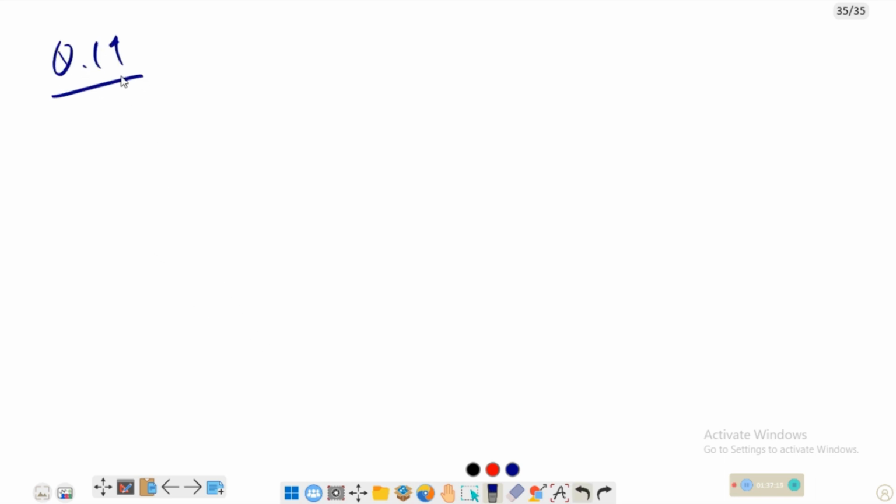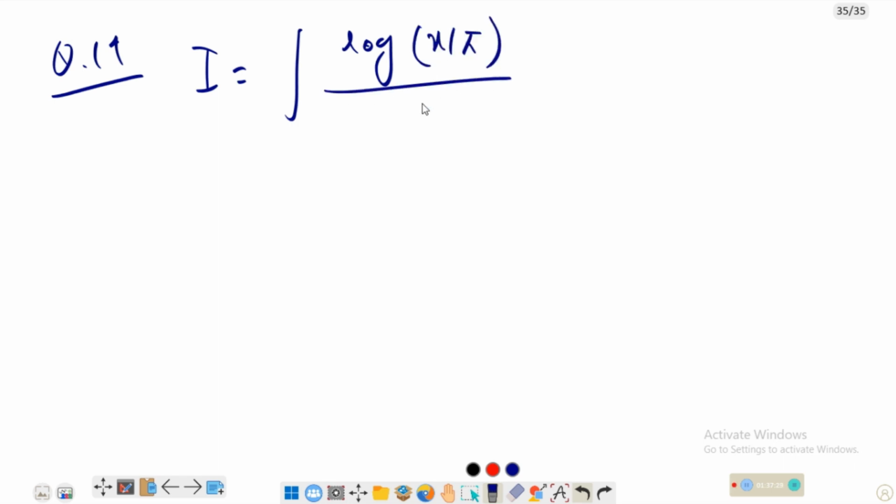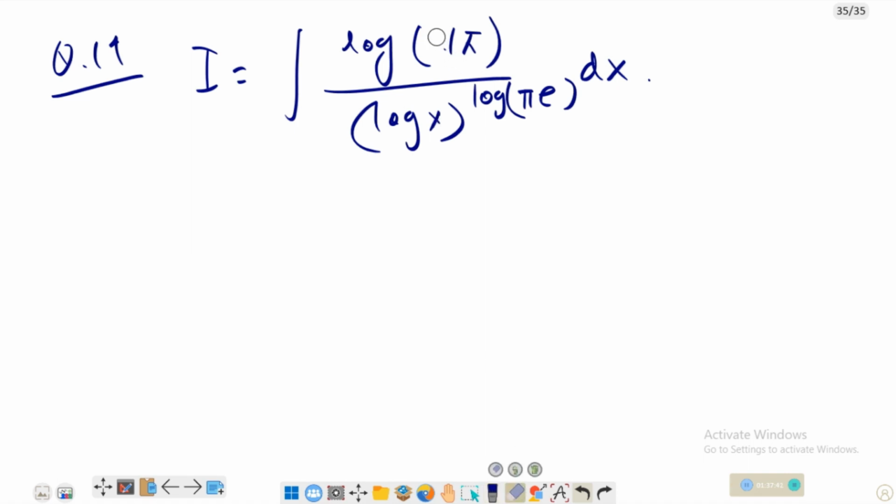Question number 19, I is equal to integration of log x by pi upon log x to the power log pi e dx. Okay, so I use this formula, log a by b is equal to log a minus log b.